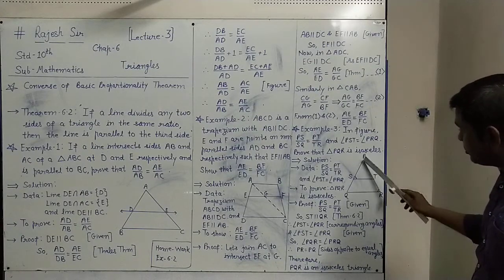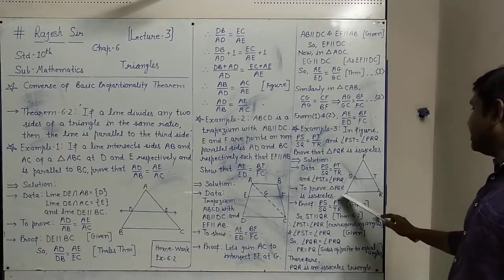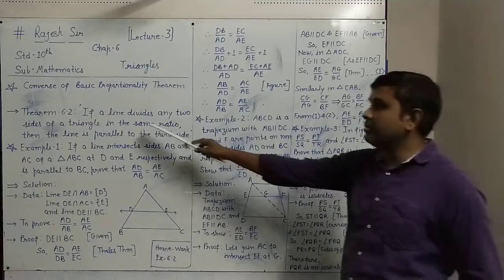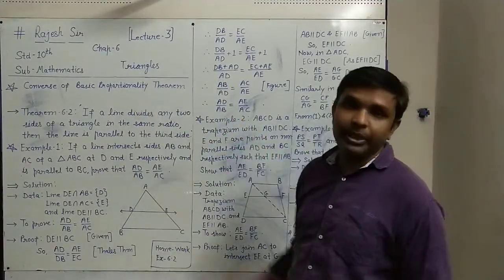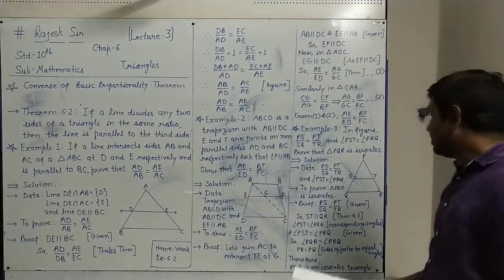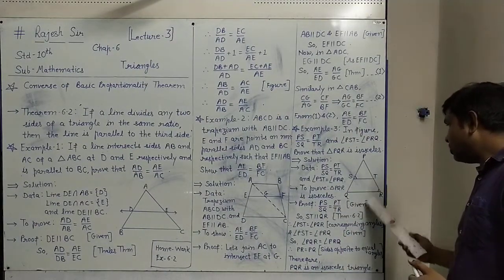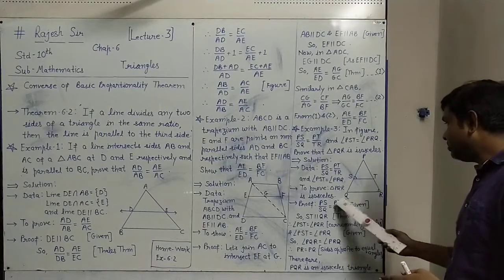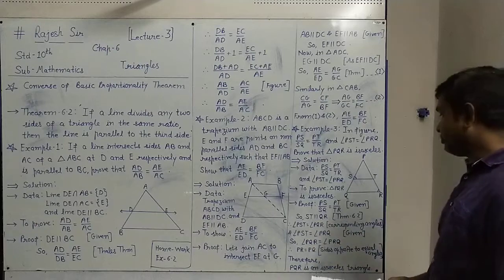PS upon SQ equals PT upon TR will hold only when ST is parallel to QR, by this theorem 6.2, that is the converse of the basic proportionality theorem. So from that we have written PS upon SQ equals PT upon TR, it is given. Therefore, ST will be parallel to QR by theorem 6.2.